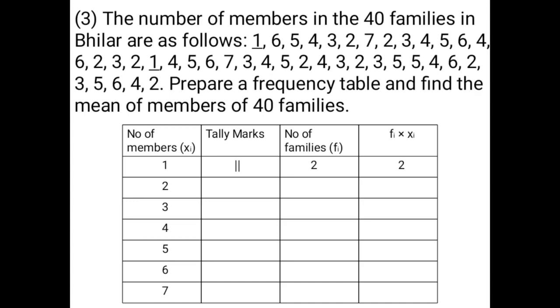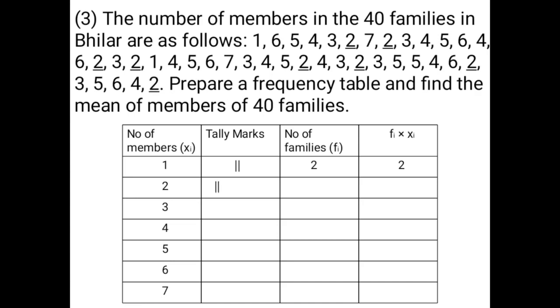Number of members 2, how much is there? Now number of members 2 you have to underline. 1, 2, 3, 4, 5, 6, 7, 8. Number of members 2 I find 8. You have to mark the tally marks 8 of the number of members 2.